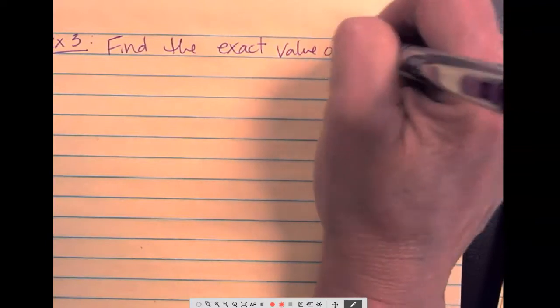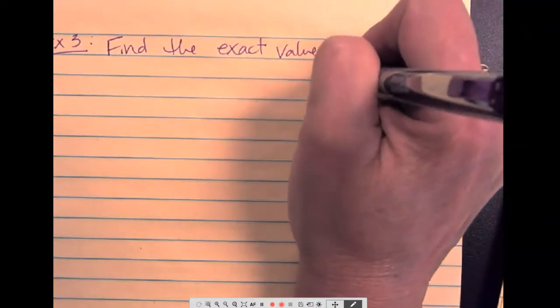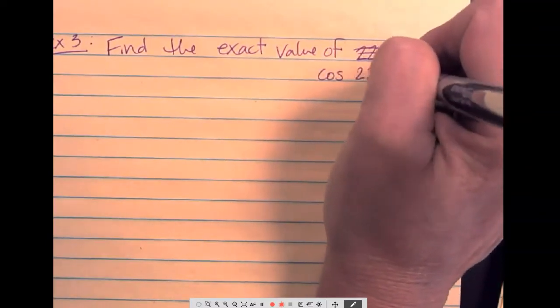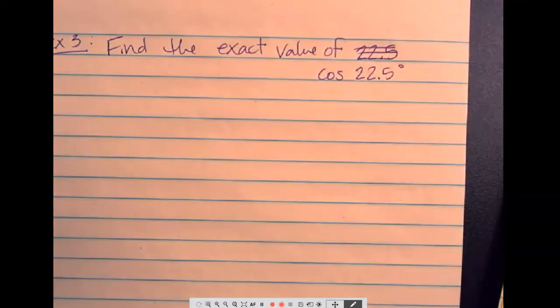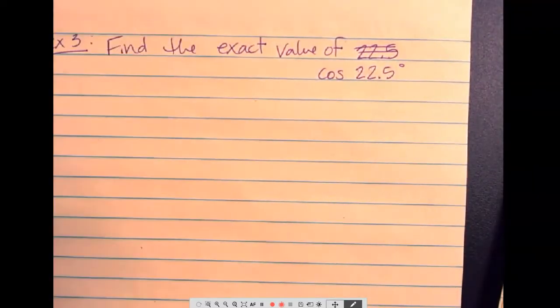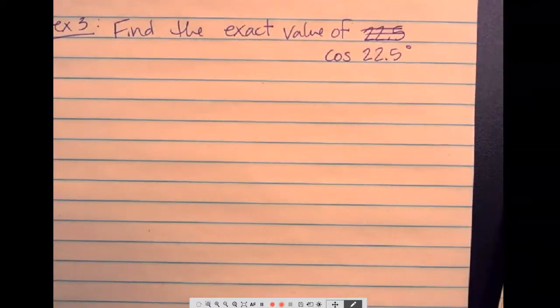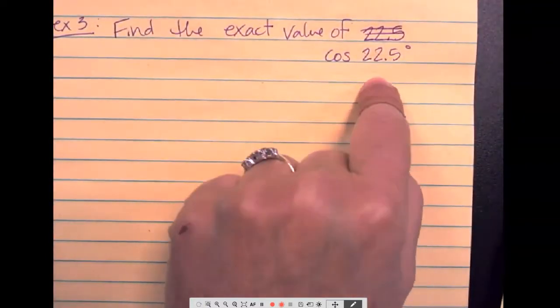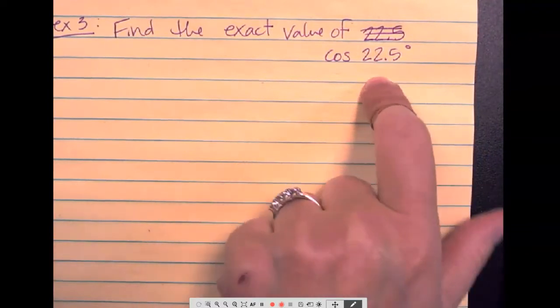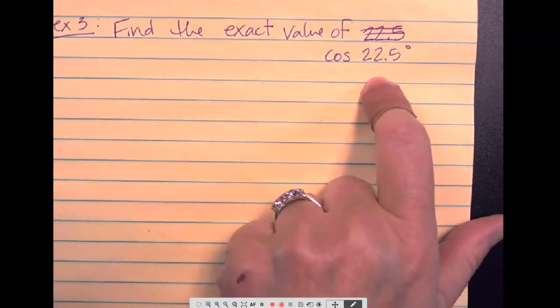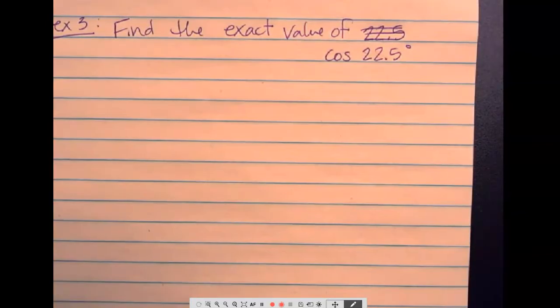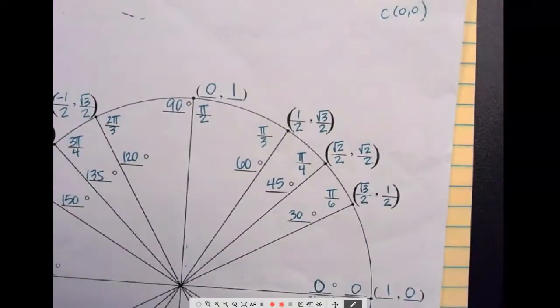Oops, I forgot a cosine in front of that. I'm going to write more to these instructions in just a second. Is that on the unit circle? Certainly not. But that is half of an angle that is on here.